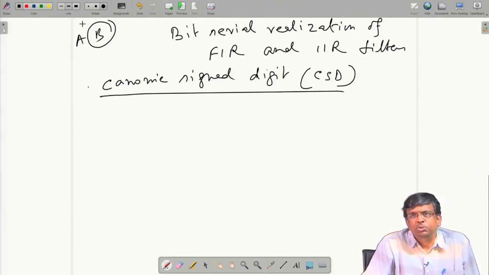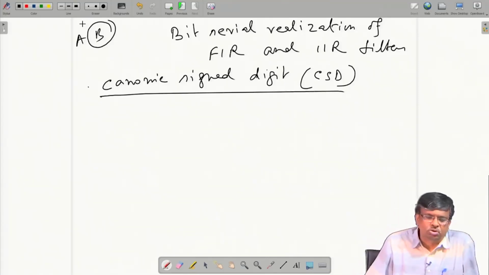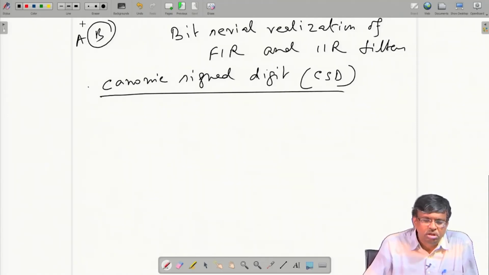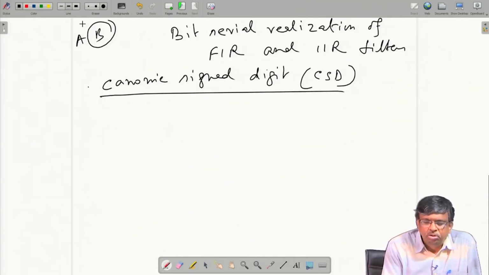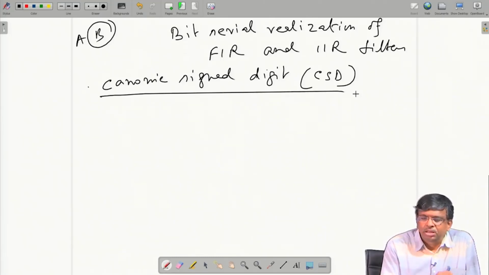Now, here you can ask me the question that look, B is not in our hand, B is in the hand of the customer, whatever B is for your design, you have to accept that. How can you say it will have a lot of binary zeros? There, this canonic signed digit representation system, it is a data format, it is a way of encoding a number, that comes into play.